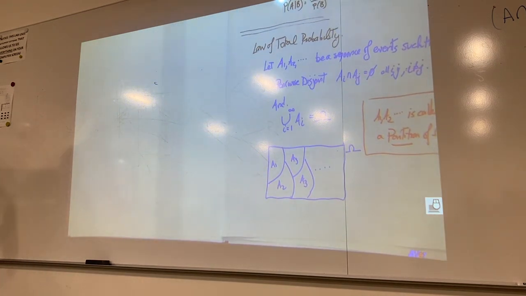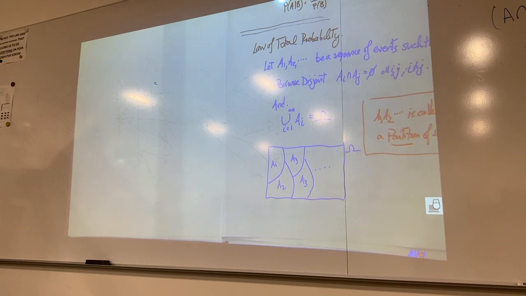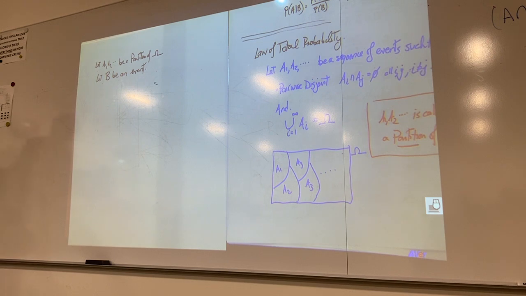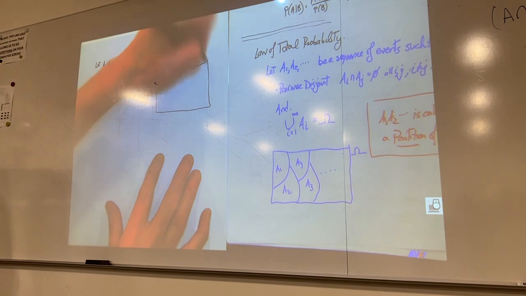To get to the law of total probability, we'll start with such a partition. So I'll say let A1, A2, dot, dot, dot be a partition of the sample space. Let B be another event. There we go. So now that same picture, there's my sample space.